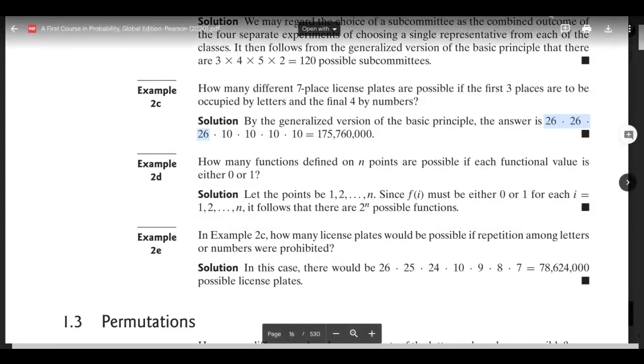So let me actually go to the whiteboard for this. We could draw 7 places, 1, 2, 3, 4, 5, 6, 7, right? The plate has 7 places, and the first 3 are letters. For the first one we have 26 choices.